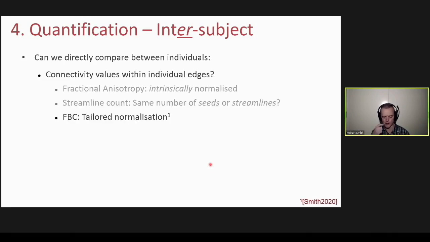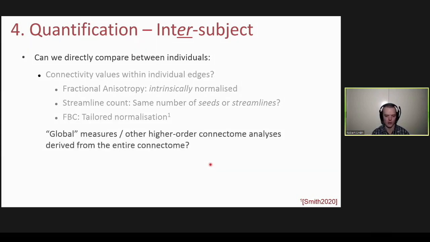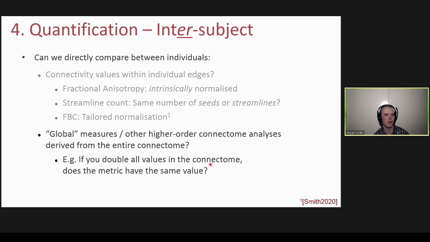This measure of fiber intracellular cross-sectional area has its own technique that I won't bore you with. But it's also worth thinking about these global network measures or other higher order analyses that people do with connectome data. And the way I like to think about this is, say you take your matrix data from your reconstruction and you then simply double every value in the matrix.